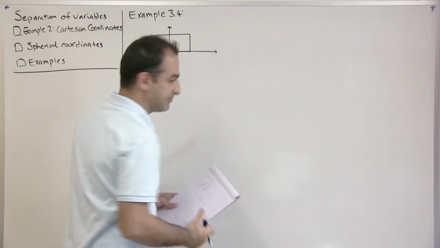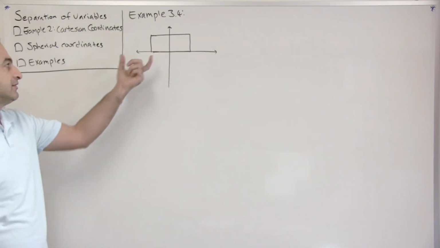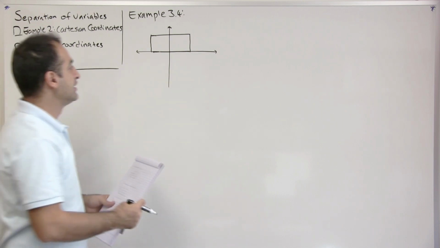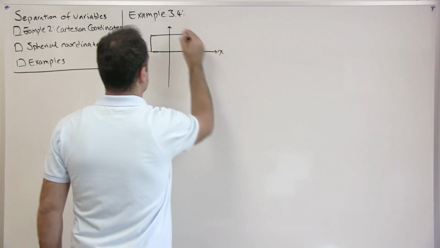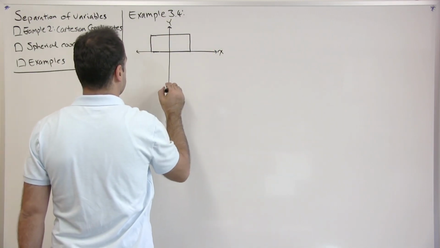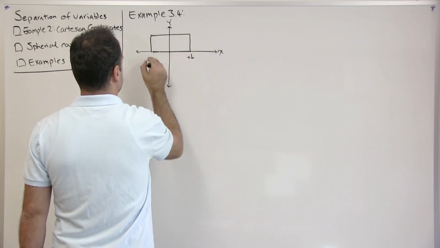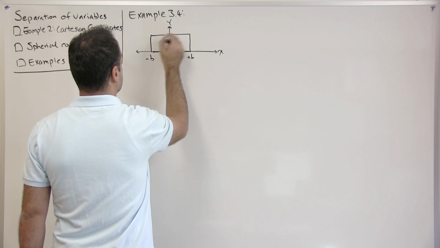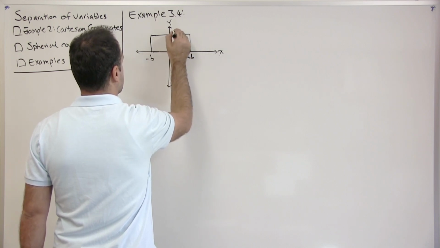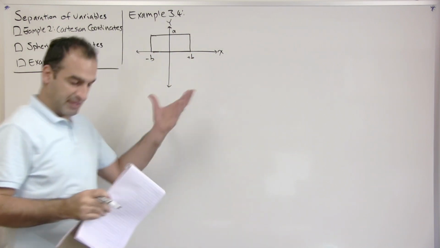This rectangle shape is a cross section of a hollow that you can imagine. The cross section is on the XY plane, and it's moving from positive B to negative B. The top is A. So these are the dimensions we have.